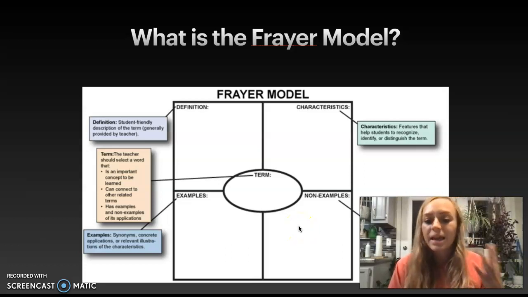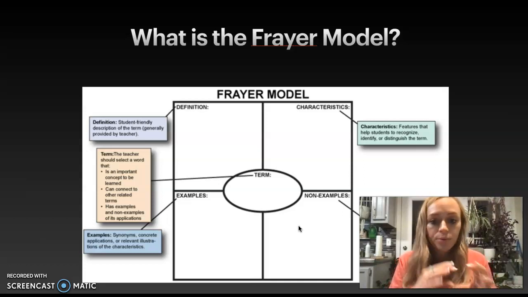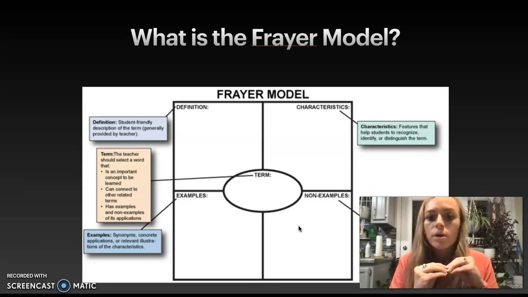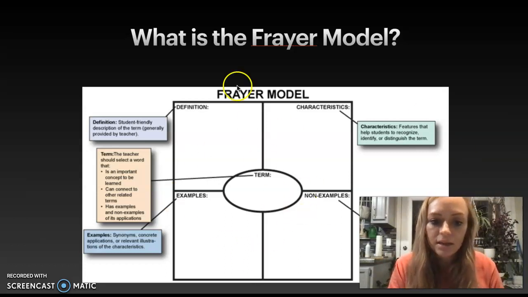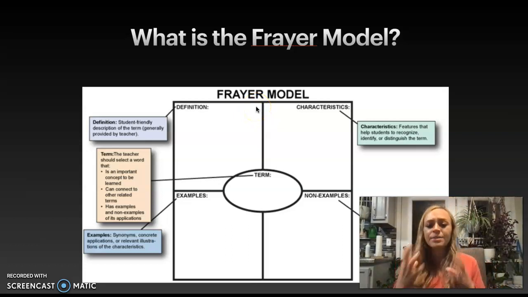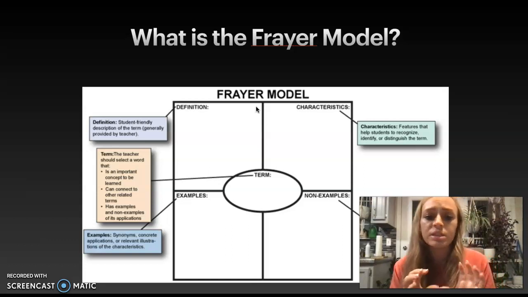Non-examples are going to be antonyms, words or even illustrations that are the opposite of that term. So we know that those two terms are not alike at all. That is a quick run-through of the Frayer Model. It can be altered and changed to however fits your students' needs.